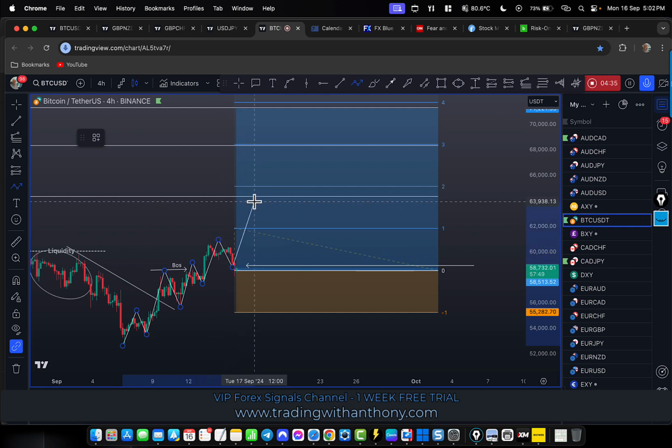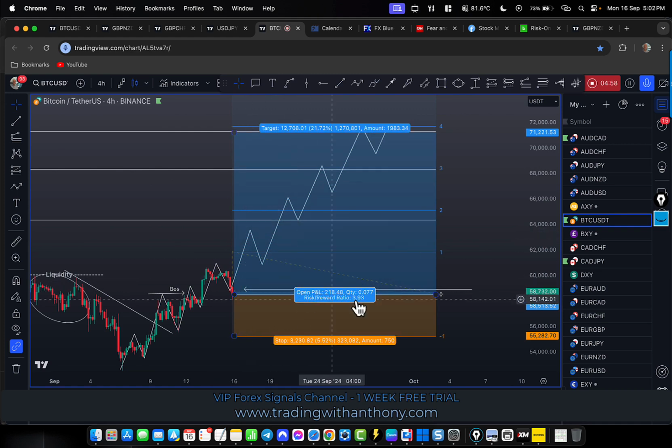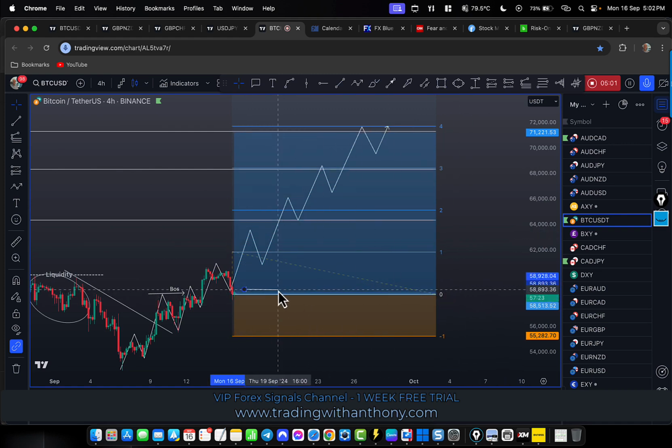Let's say we continue on this trajectory. That's awesome, right? That's a picture perfect trend. It's never going to be like that, but once we clear 1R here and we're moving up, that's when I'd be inclined to pull my stop loss in to break even, or better than break even.